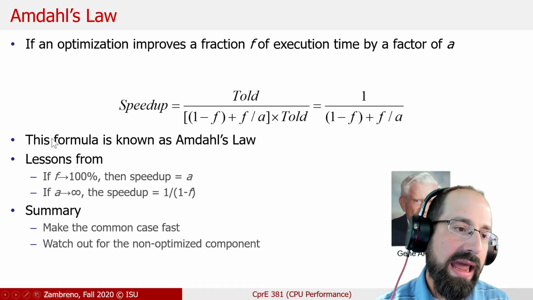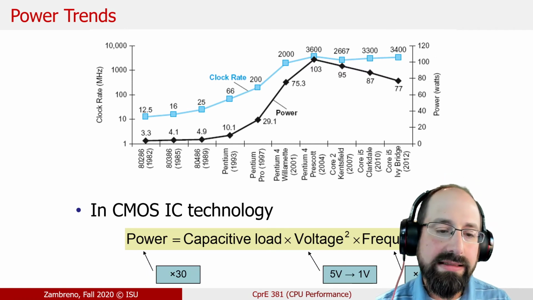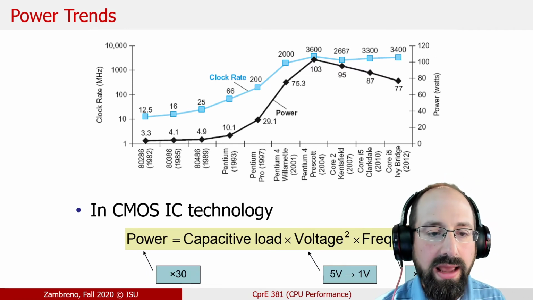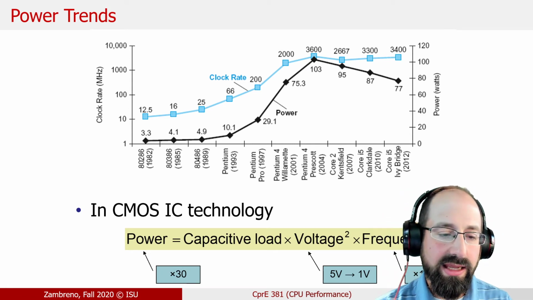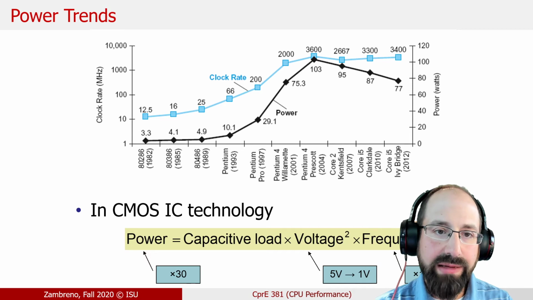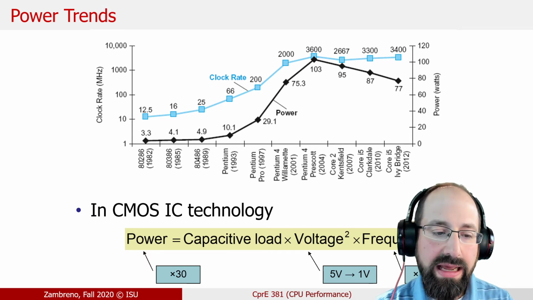The textbook and the lecture then goes on to talk about power trends and dynamic power consumption. And I think that is an important topic, but the book doesn't cover it very well. And so I think for now we can probably just skip by that entirely, and I won't ask you any questions about power trends.